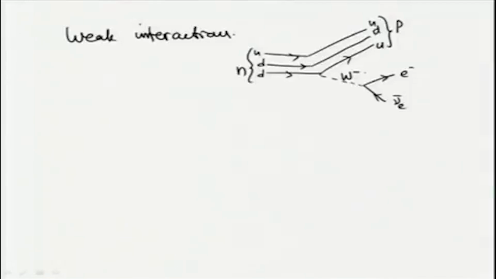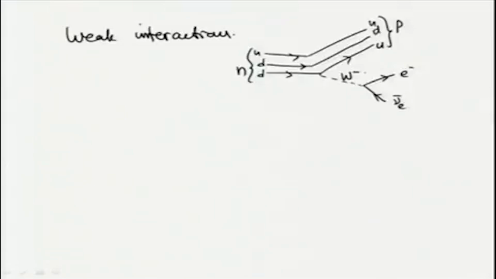It is similar to the interpretation of photon as the quantum or the representation of the electromagnetic field. Here we consider W particle as the representation, as the quantum picture of the weak field.